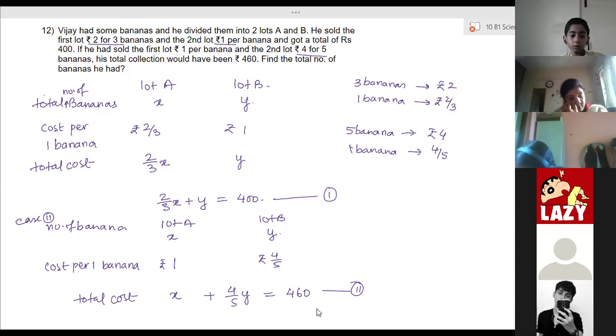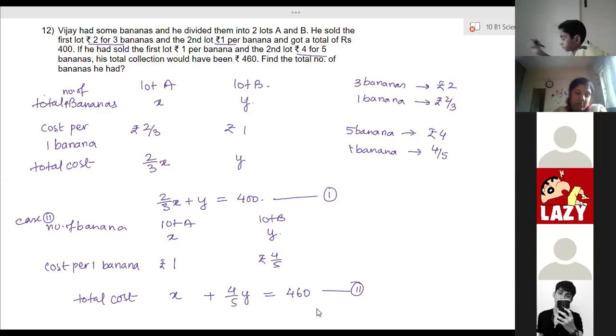Ma'am, Y is equal to 200 and X is 300. So total 500. 300 and 200.